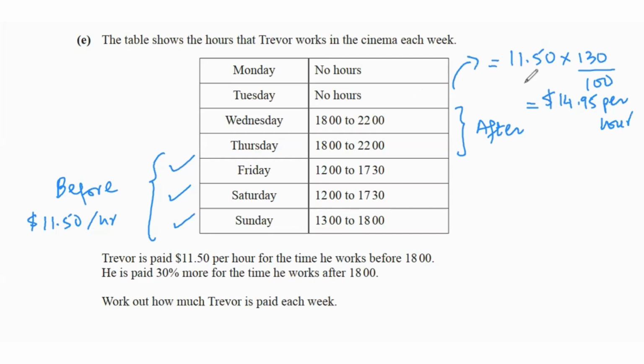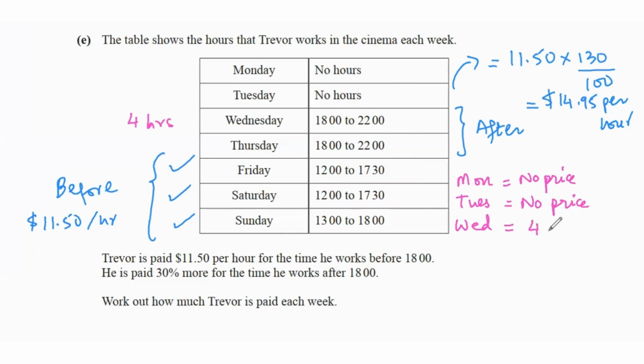So now let's find the price for each day. So for Monday, he's working no hours, so no price. Tuesday, again, no price. Wednesday, he's working from 18 to 22, so that's 4 hours.